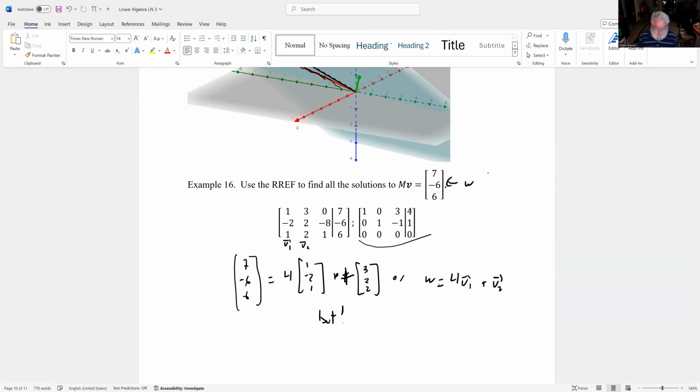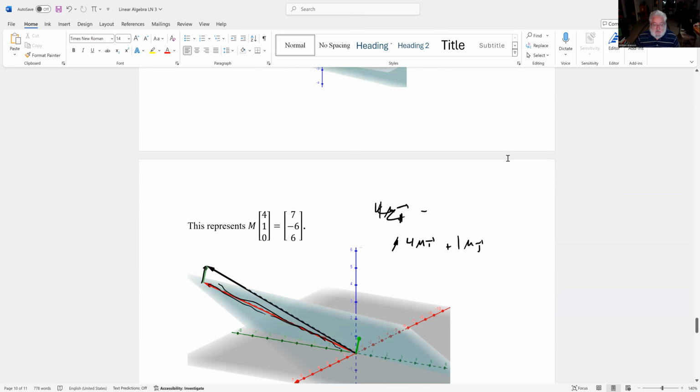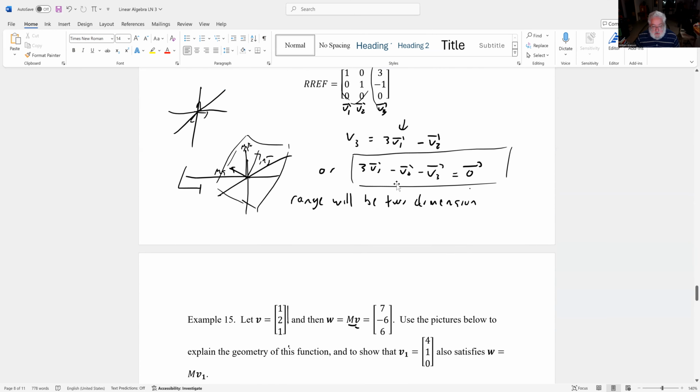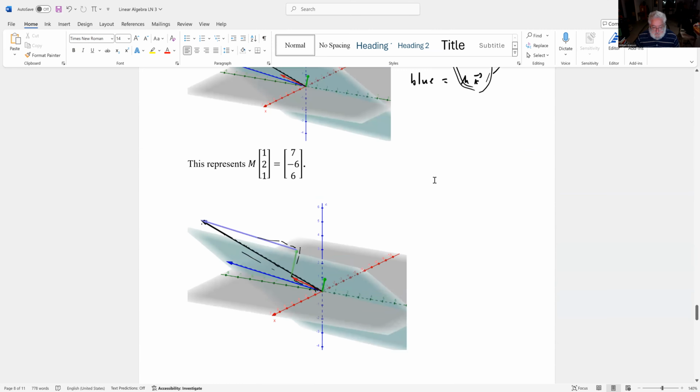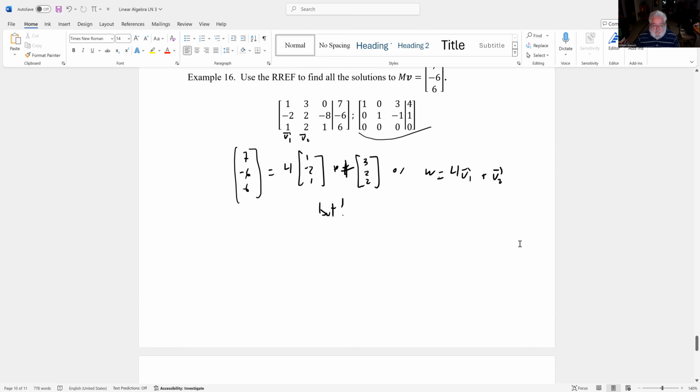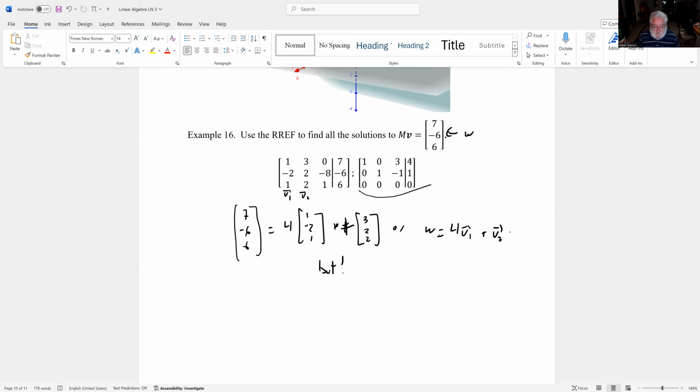But we know from up here, way up here, that 3V1 minus V2 minus V3 equals 0. And we actually knew that from this. So 3V1 minus V2 minus V3 equals the 0 vector, because this vector here, which is V3, is equal to 3 times V1 minus V2.